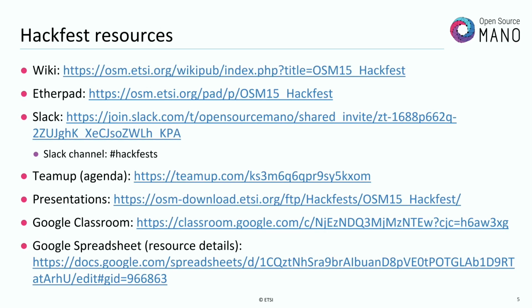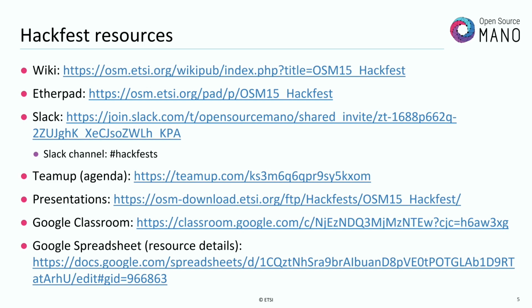This is the list of resources that we have prepared. We have a wiki page. We have an Etherpad, which is a collaborative, lightweight tool to edit documents, so that you could post your questions there, or maybe we could capture there some information that could be relevant for you. We also have Slack. Slack is kind of like Teams but open source.